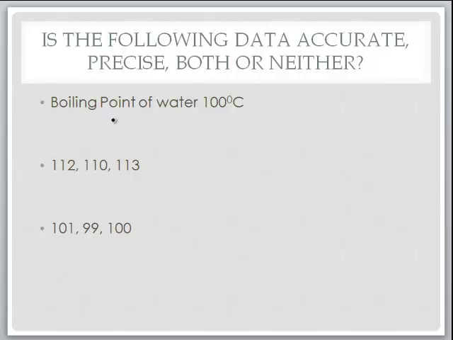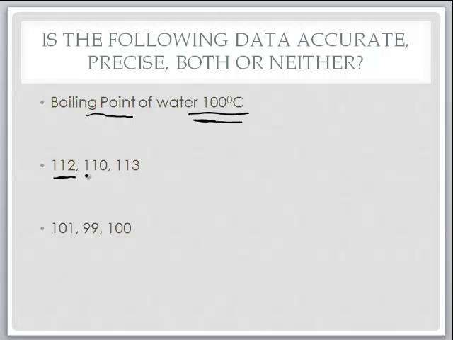So for example, let's say you're doing an experiment where you are measuring the boiling point of water. Water boils at 100 degrees Celsius at normal atmospheric pressure. We know that, so that's the value that we're looking for. Well, let's say you do 3 experiments. In the first experiment you measure the boiling point and you get a value of 112.